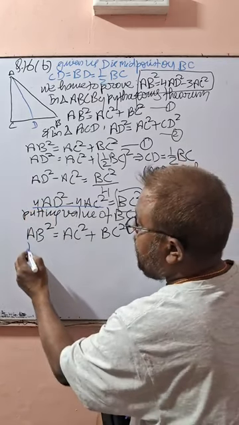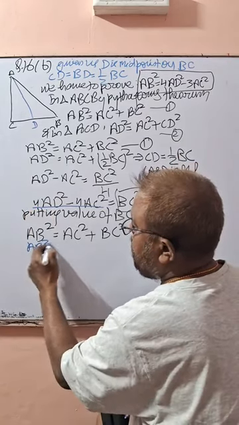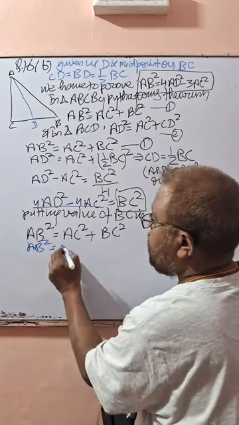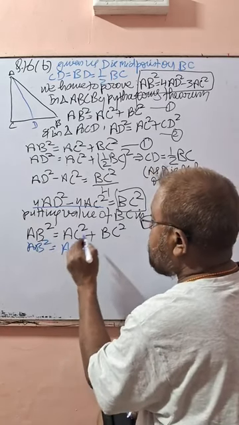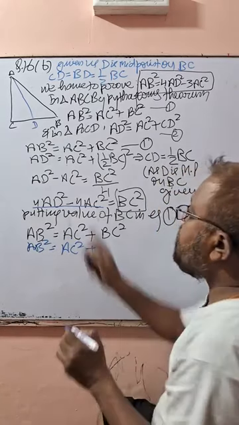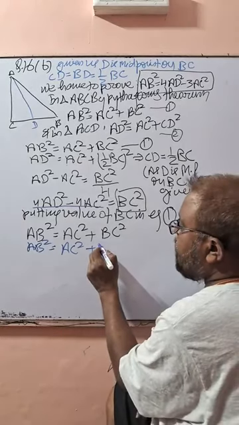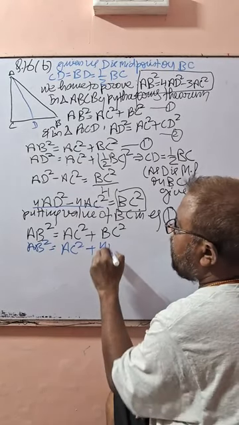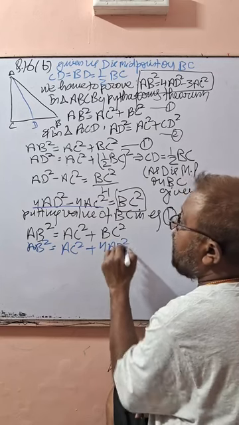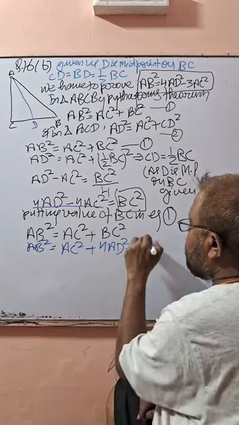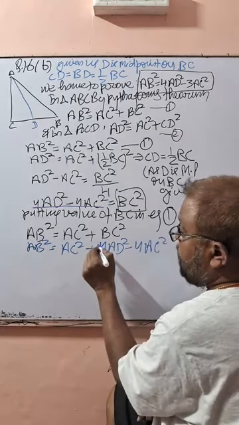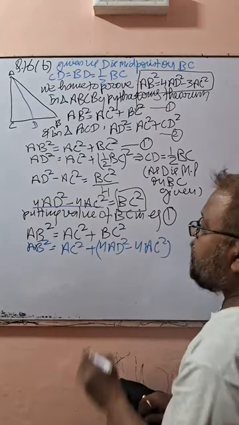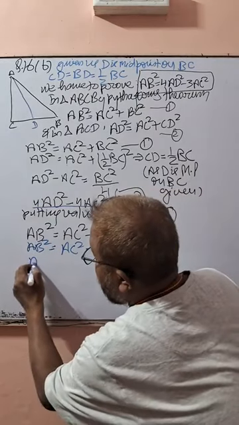So we can write AB square is equal to AC square plus 4AD square minus 4AC square. Right.